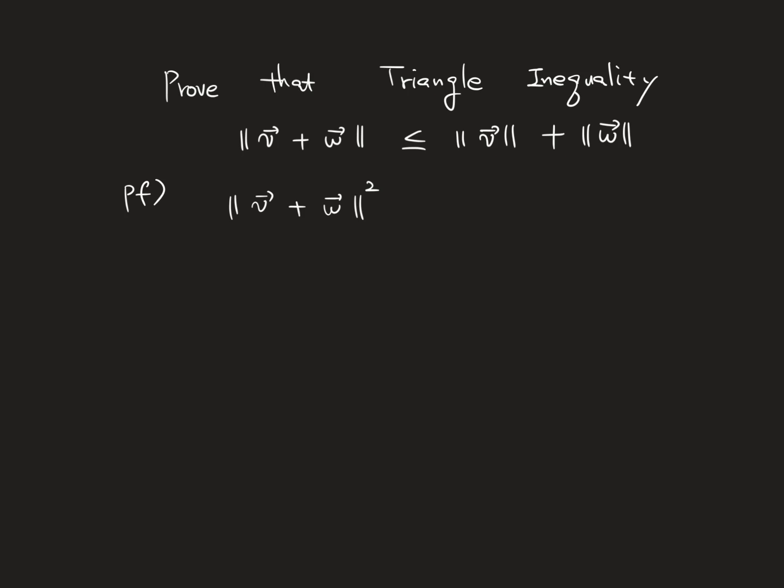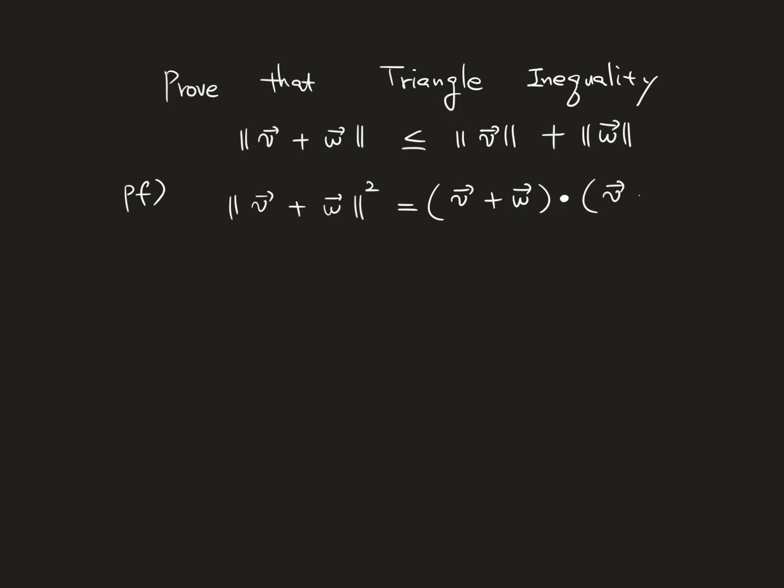So in a proof, usually we use the square of the norm, because the square of the norm is the dot product of the vector with itself. So that's why. We start with this term, and then by definition we can change it into the dot product, because the norm square is the dot product of itself.